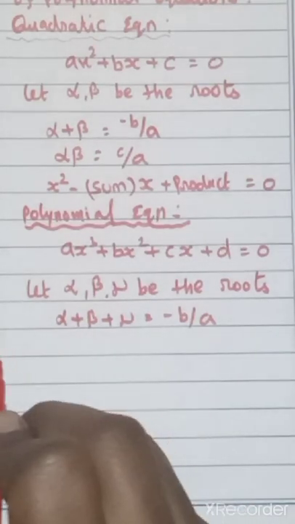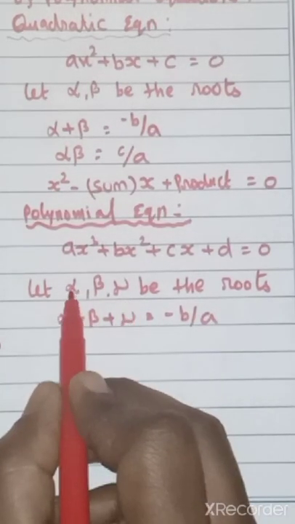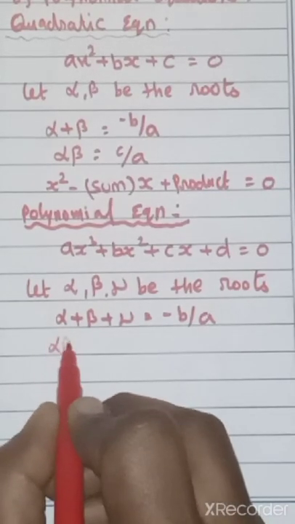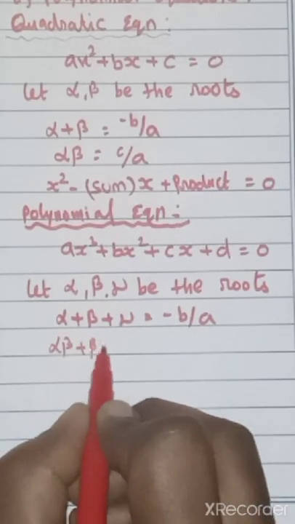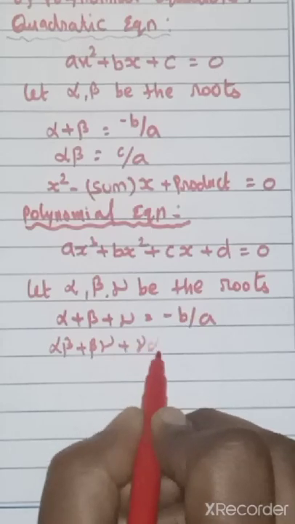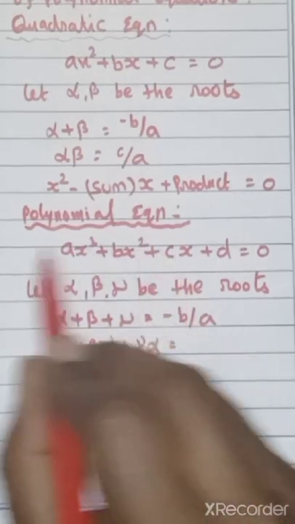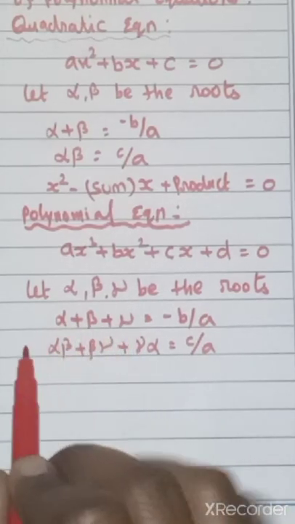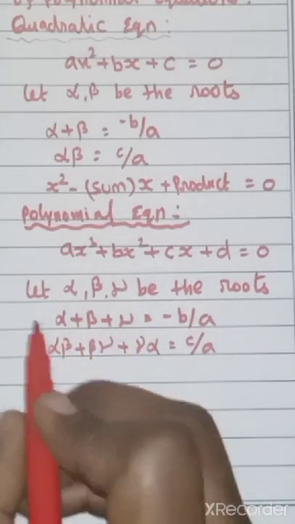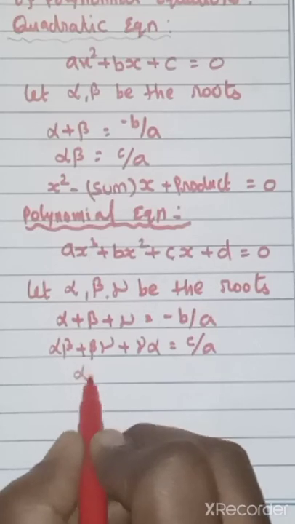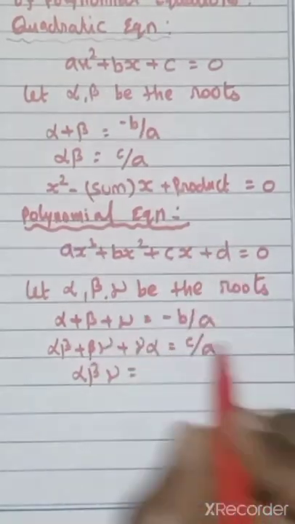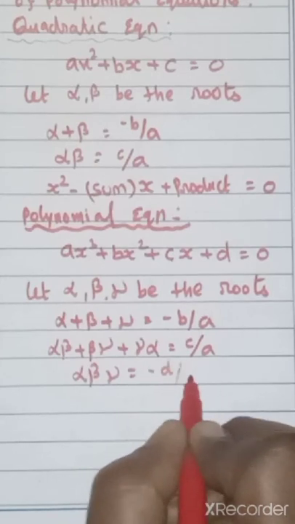Next, the sum of two roots: alpha beta, beta gamma, gamma alpha, which is equal to c by a. Next, the product of 3 roots, alpha beta gamma, is equal to minus d by a.